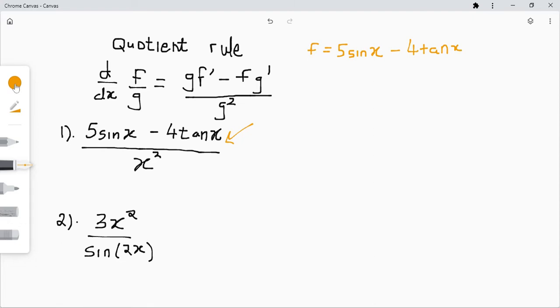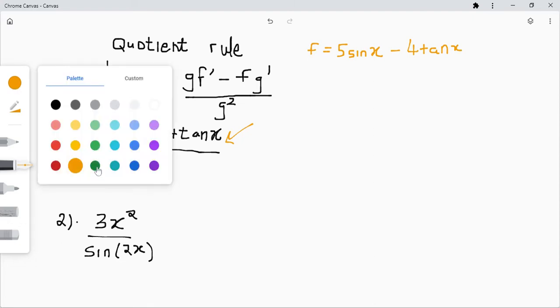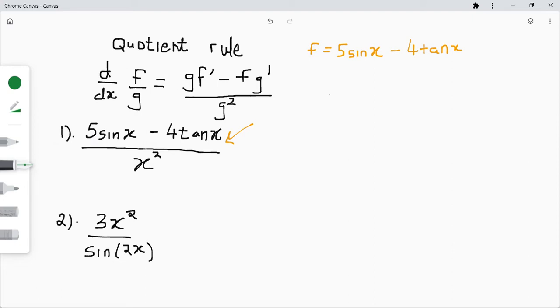And our g is going to be x squared. So g is going to be x squared.